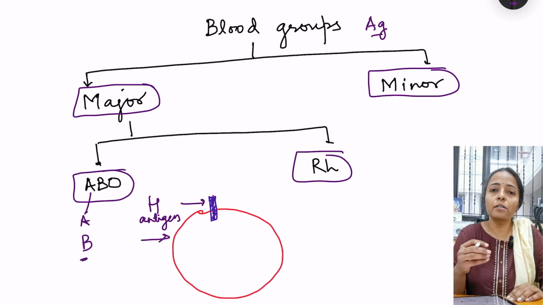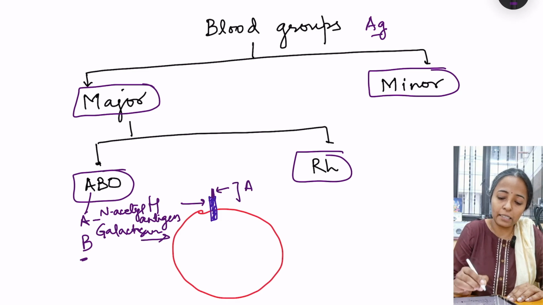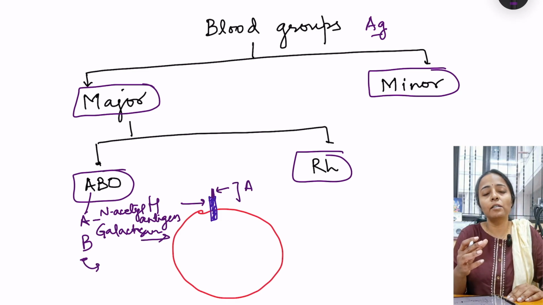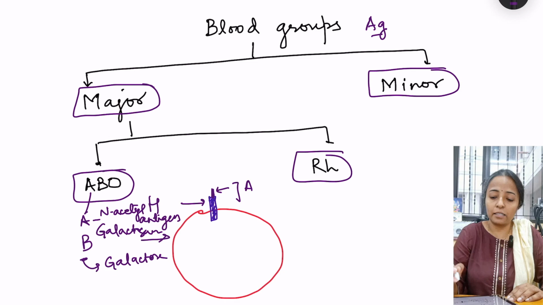If there is a presence of the gene which adds a component N-acetyl galactosamine, so there will be one moiety added here, and this will be known as A antigen. On the other hand, if there is presence of a gene which adds galactose on this, that will cause the B antigen to be present.